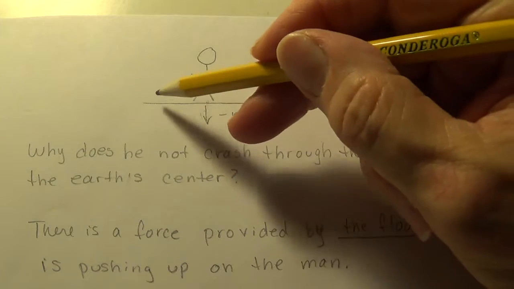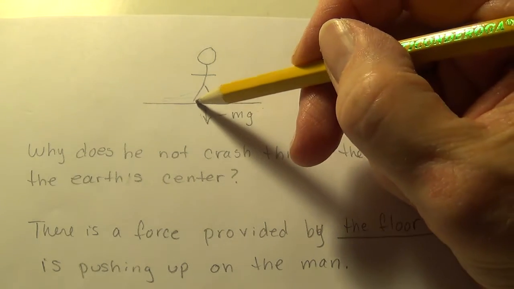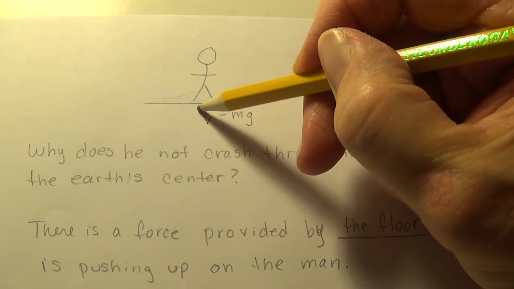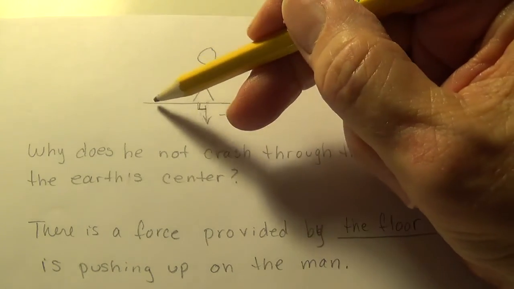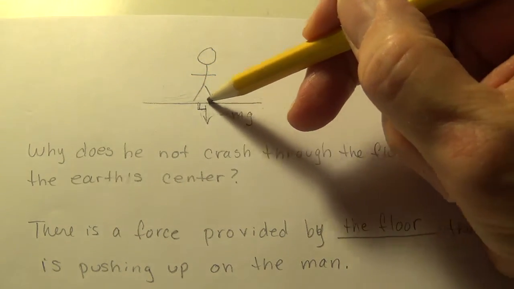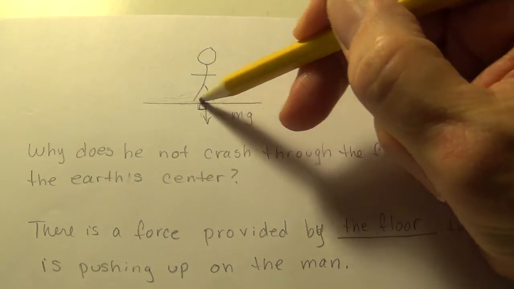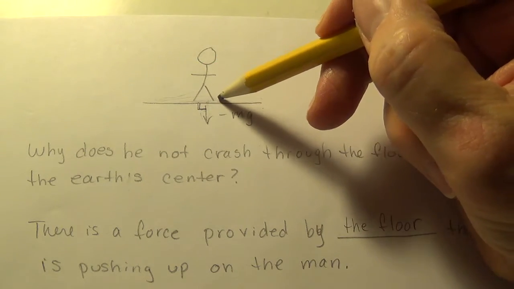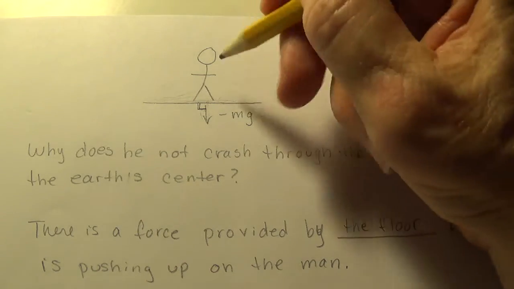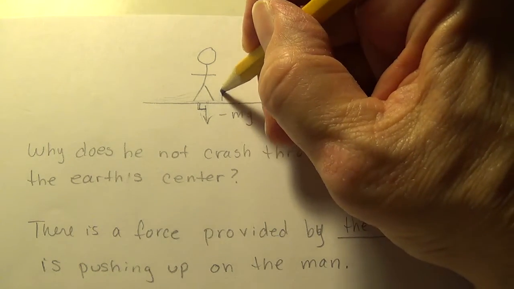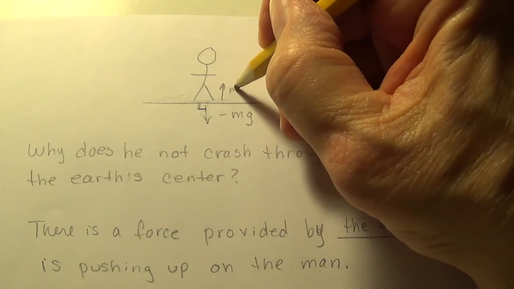So this surface, notice it's perpendicular to the force of the weight, negative mg, which is downward. There's a force provided by this surface that is preventing the man from crashing through the floor. And that force is mg upward.